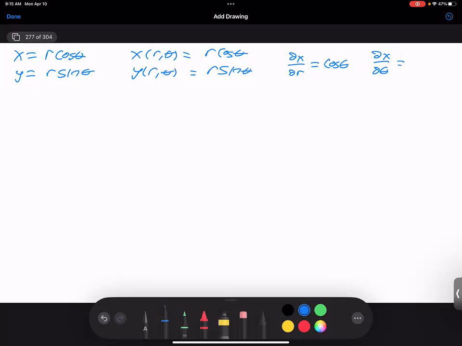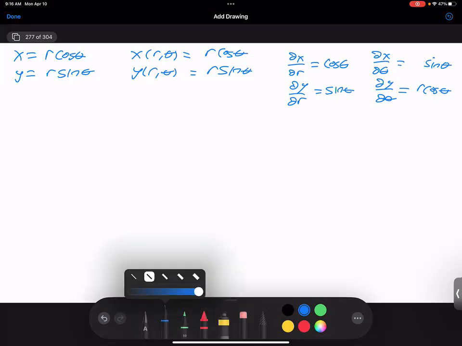What would that be? Negative r sine theta. And the derivative of y with respect to r would just be sine theta. The derivative of y with respect to theta would just be r cosine theta.